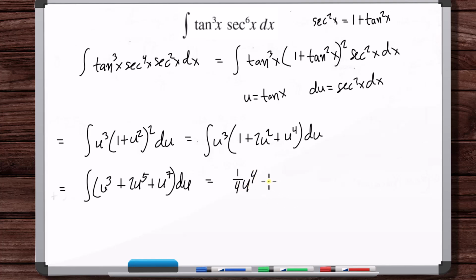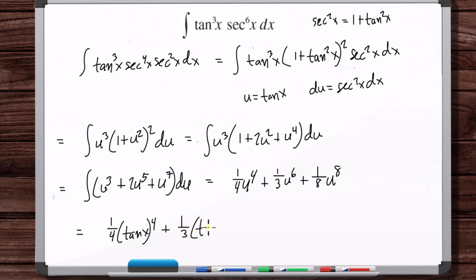Integrating, 1/4 u to the 4th plus 1/3 u to the 6th plus 1/8 u to the 8th. So 1/4 tangent of x to the 4th power plus 1/3 tangent of x to the 6th power plus 1/8 tangent of x to the 8th power plus c.